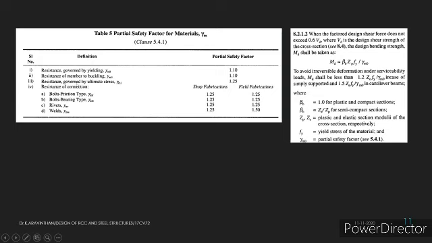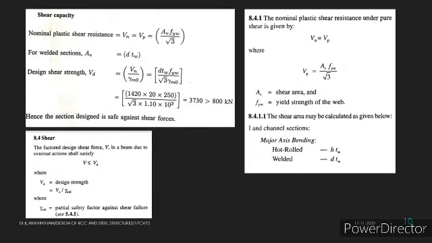And if you are designing the connections, that is bolted connection, rivet or weld, you can take the respective partial safety factor. Right now we are designing for the yield section, hence we are taking 1.1 as the safety factor, that is the material safety factor.